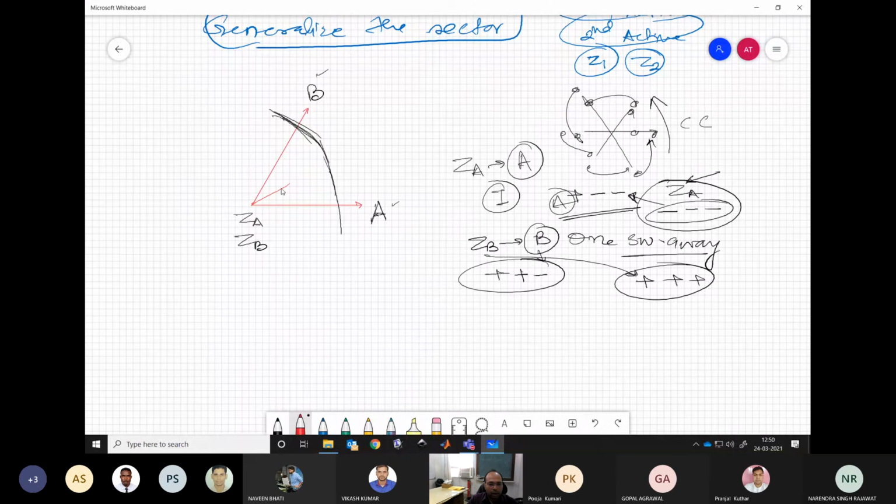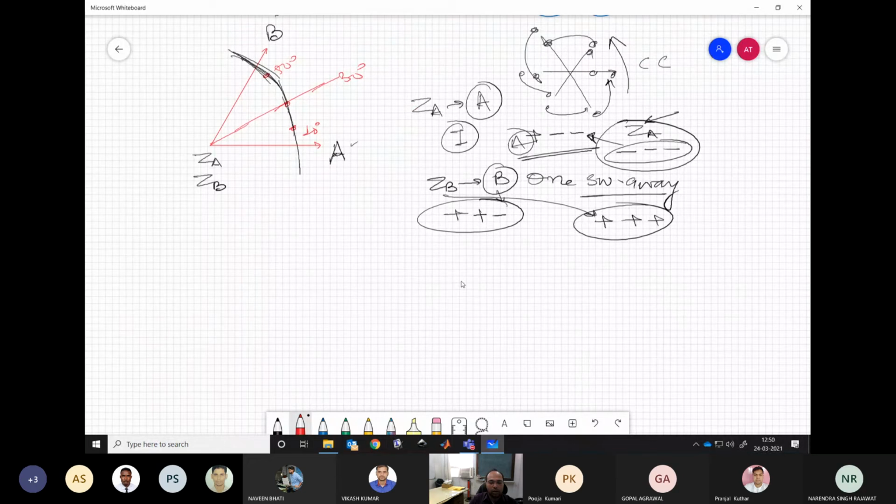So then I mark my samples because every sector is 60 degree symmetric. So we have every 10 degree, 30 degree, 50 degree, these samples are there. So now I generalize instead of going for 0, 1 to 7, 7 to 1, 0 and so on. I say that for this voltage vector at 10 degree, it could be any sector, but the angle within the sector is 10 degree or 30 degree or 50 degree.